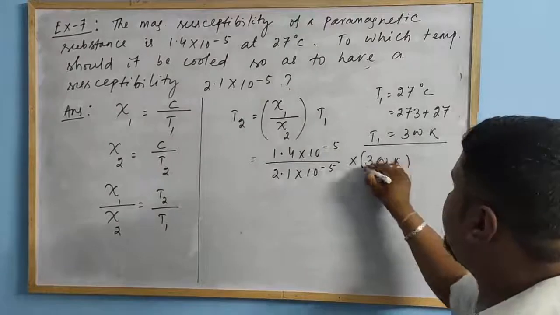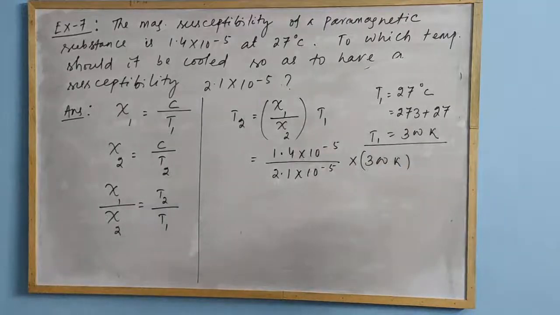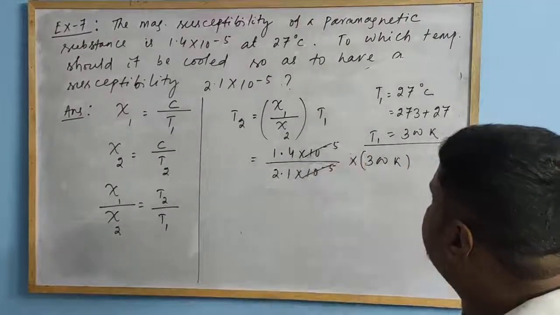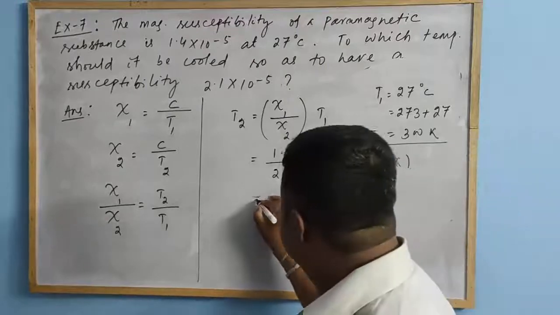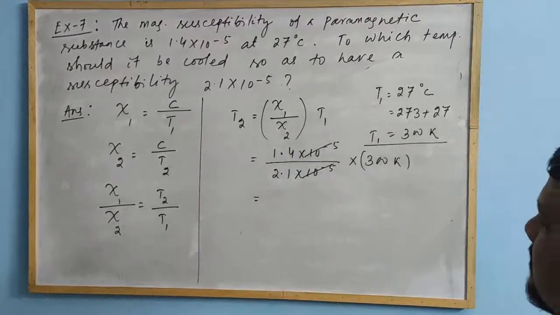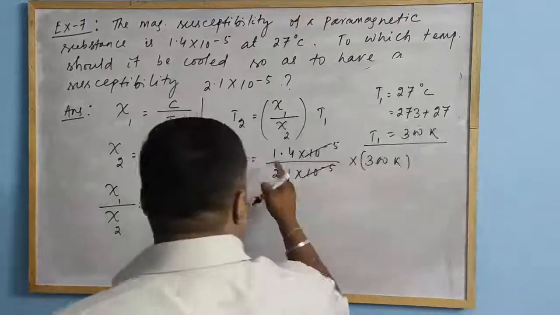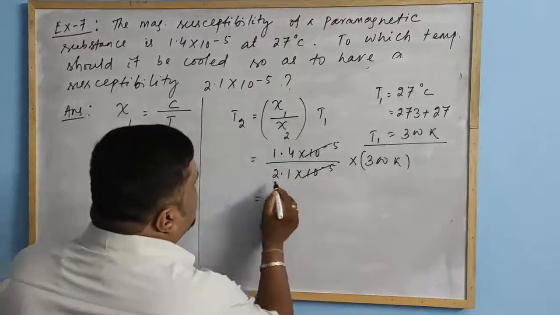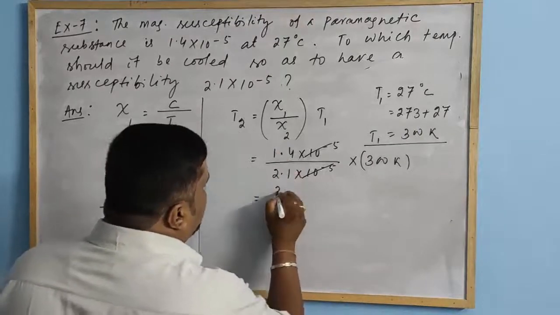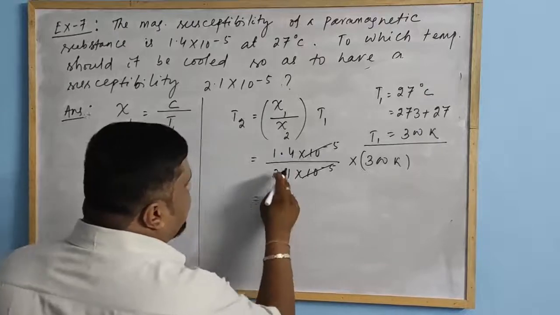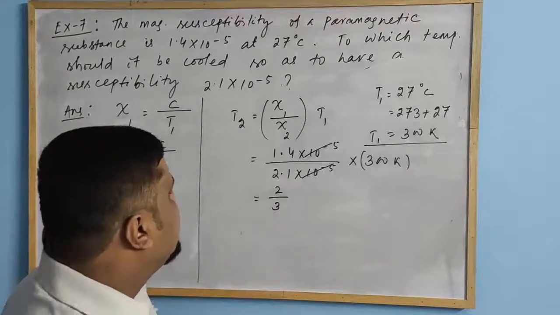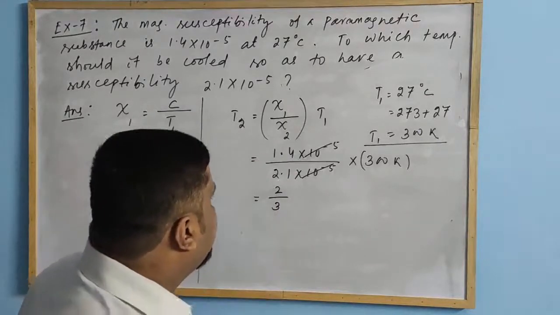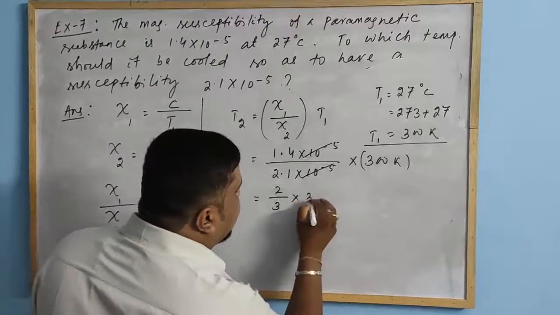Clear? Now if you solve this, 10 to the minus 5 gets cancelled. So this is equal to 1.4 by 2.1, which is 2 by 3. So that is 2 by 3 into 300.